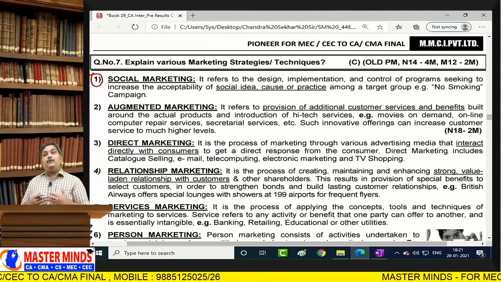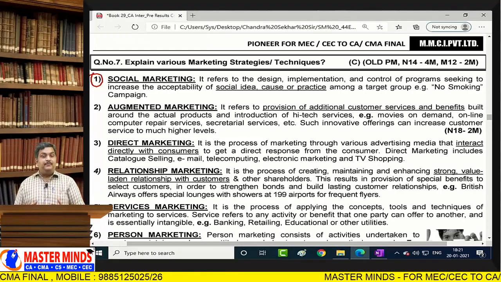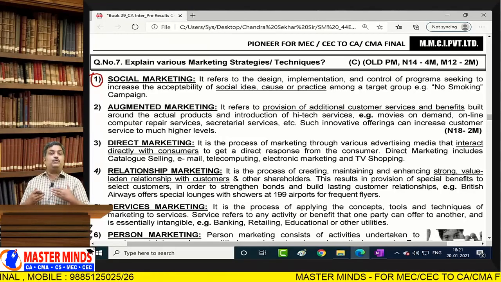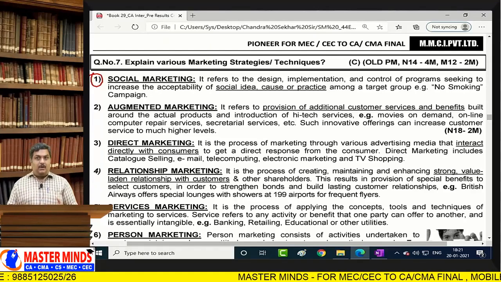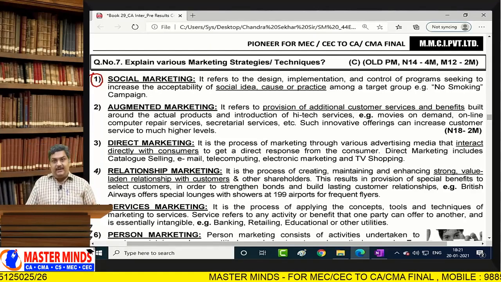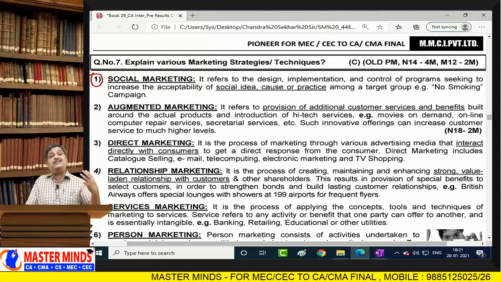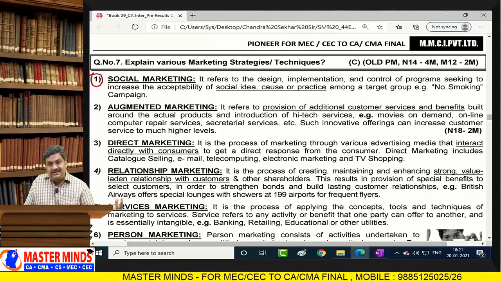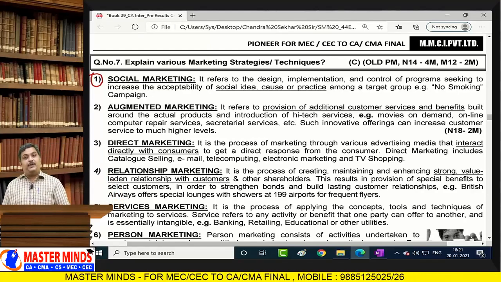That means if you want to promote a very good social idea among the public, you have to do social marketing, like a no smoking campaign, or regarding COVID-19, the government has done a lot of social marketing to create awareness among the people. And right now about vaccination, a caller tune has been framed.